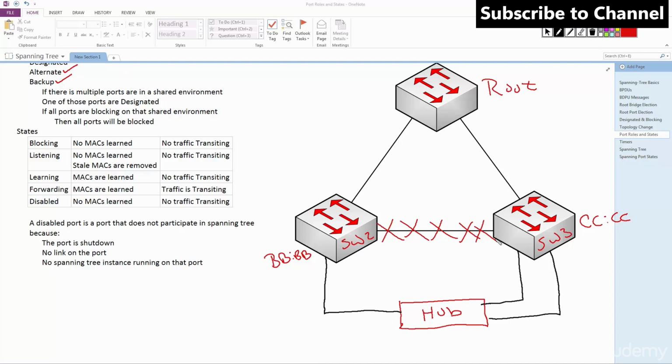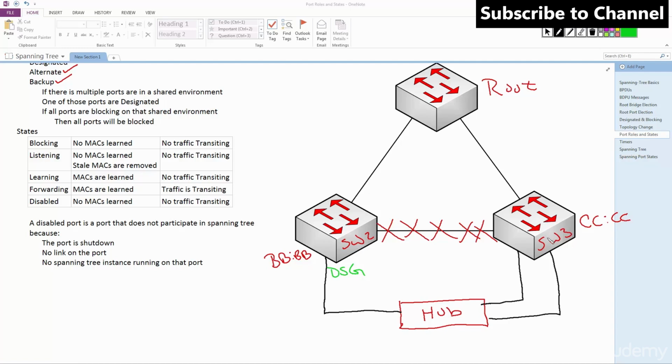So an alternate role means that we have an alternate way to get to the root bridge. However, a backup means something else. Now in this scenario, because everyone has the same priority, we are going to be choosing this as a designated port. This is a designated port because this has a lower MAC address, which breaks our tiebreaker.